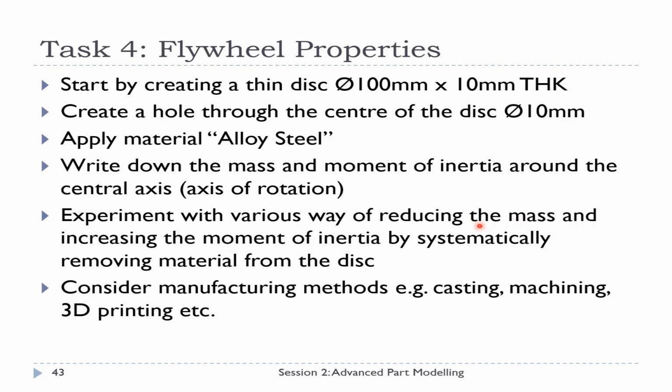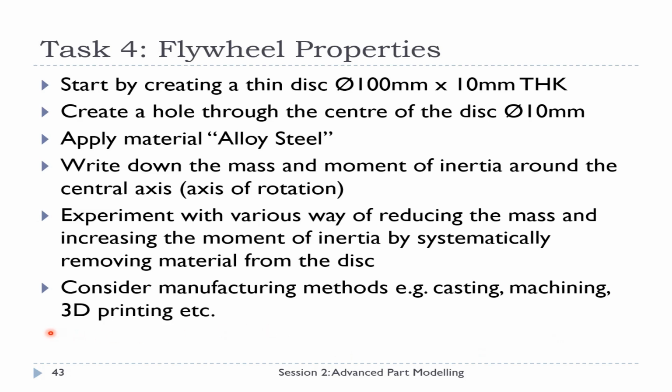Let's see how we can reduce the mass, and for a given mass, how we can increase the moment of inertia. This is a free design exercise, and there is no definite answer to this question. You need to come up with your own design features and try to explore different mass and moment of inertia values with different features.